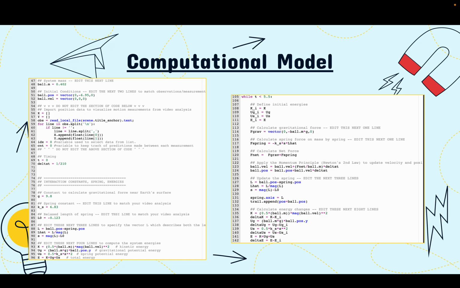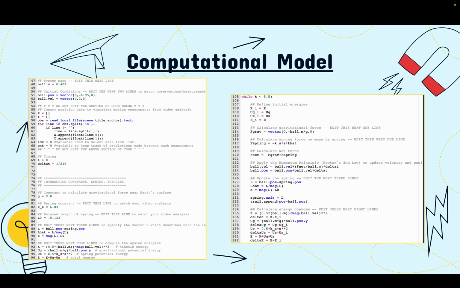Then I had to calculate all of the needed energies. So K is equal to 1/2 times the ball's mass times the magnitude of the ball's velocity squared. The gravitational potential is the ball's mass times G times the ball's position in the y direction. And the spring potential is 1/2 spring stiffness times S squared, bringing the total energy equal to K plus UG plus US.